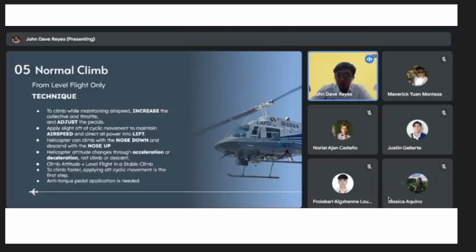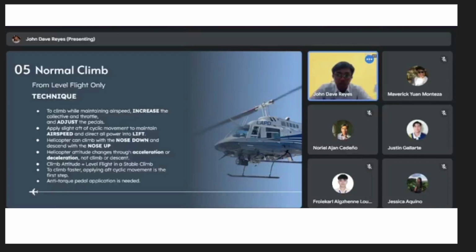So for the next scenario, if the pilot wishes to climb faster with a decreased airspeed, then the climb can be initiated with aft cyclic. Depending on the initial or entry airspeed, the climb can be accomplished without increasing the collective pitch.